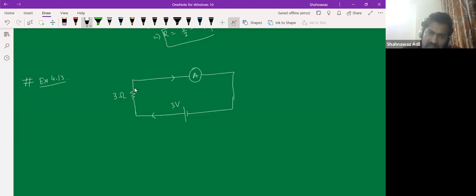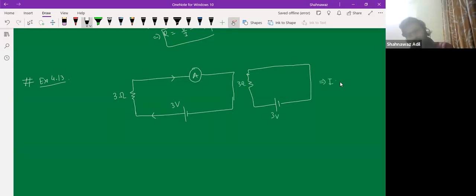What should be the current flowing through this circuit? What current reading should you get? Forget about this ammeter. Let's say this is 3 volt, this is 3 ohm. What current reading should you get?